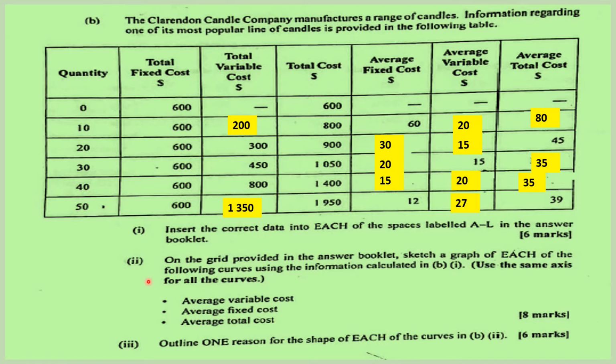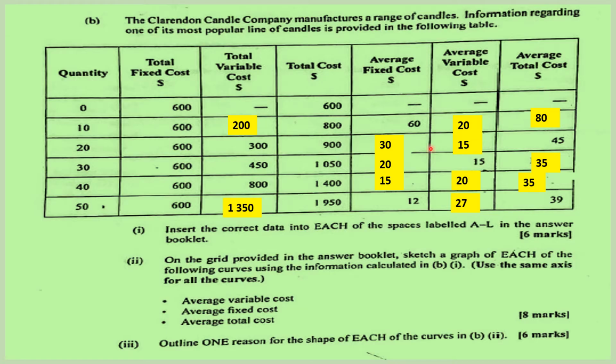Continue with part B. On the grid provided in your answer booklet, sketch a graph of each of the following curves using the information calculated in B. Use the same axis for all three curves, and we are asked just for the curves on this side here: average fixed cost, average variable cost, and average total cost.